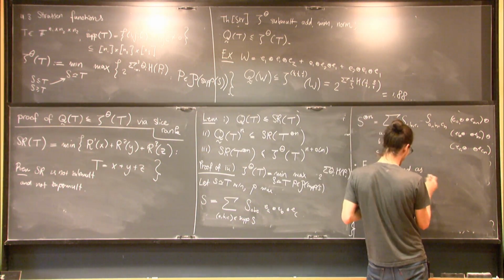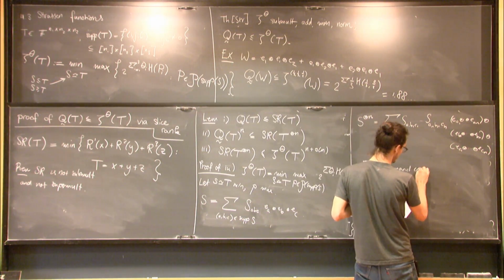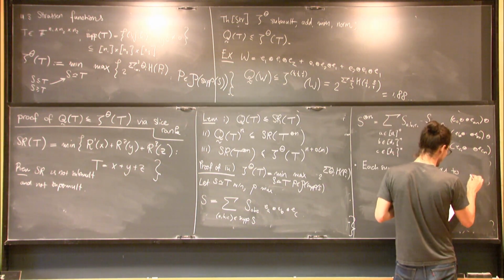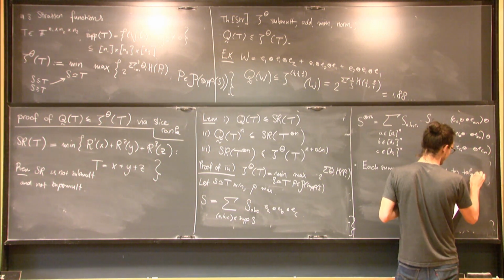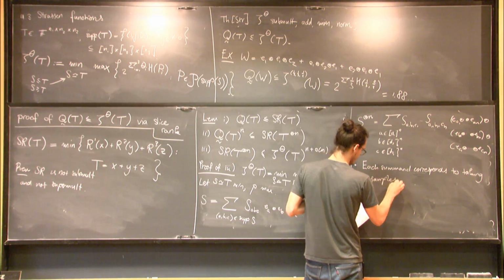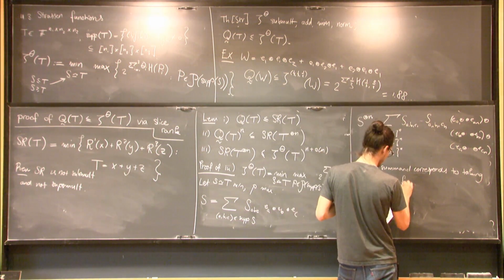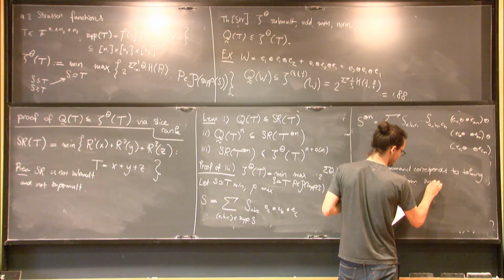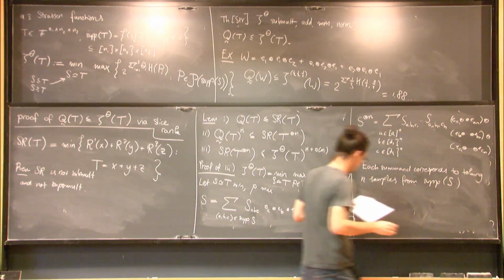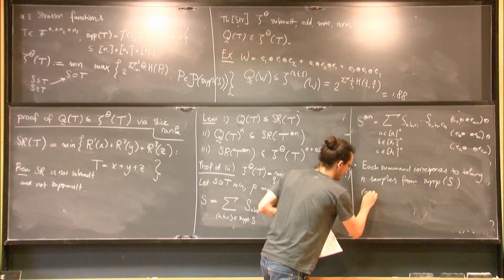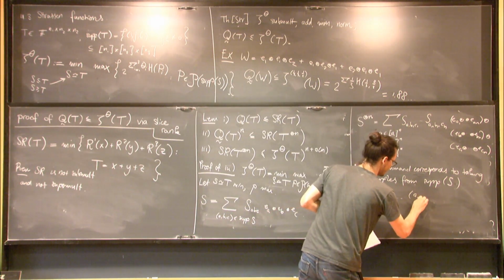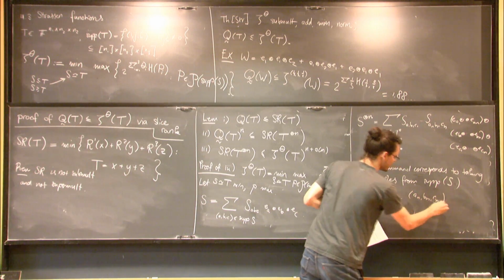Each summand corresponds to taking n samples from the support of S. These samples are A1, B1, C1, that's the first sample, to An, Bn, Cn.